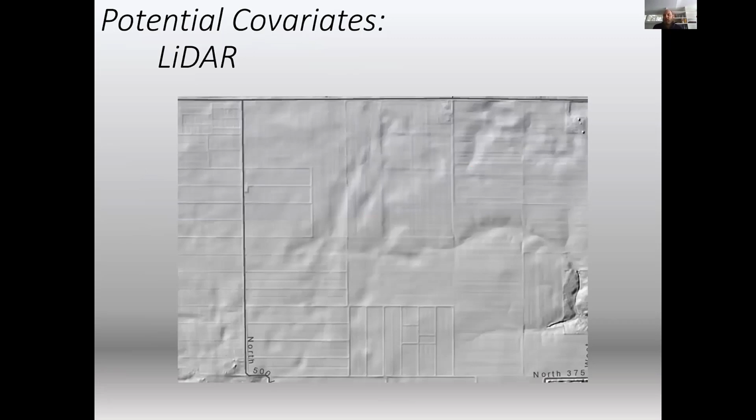And last, but certainly not least, would be LIDAR or digital elevation models from either LIDAR or SRTM data. These describe the surface elevation of the landscape in relationship to the surrounding environment, right? So you can think about these as a digital topographic map. In Indiana, we're blessed to have really high resolution LIDAR products covering essentially the entire state. And I love this picture because it shows our Agronomy Center for Research and Education here in West Lafayette.